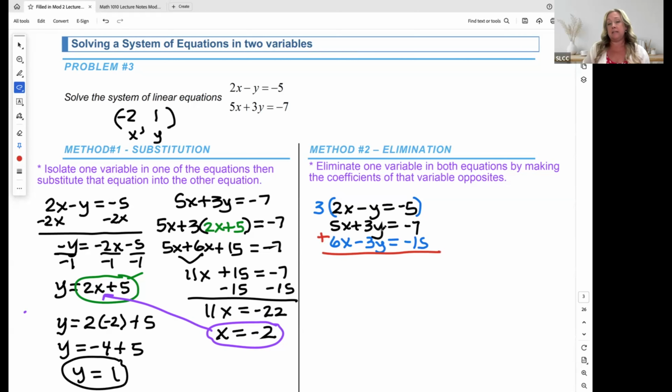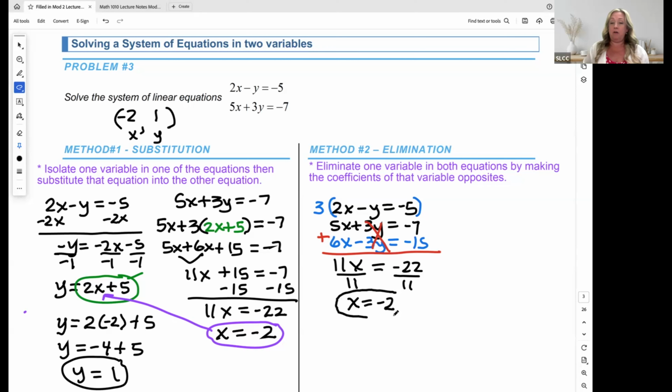Now that I multiplied that equation by 3, I can see those y's eliminate, and I'm left with 11x equals negative 22. If I divide both sides by 11, I can see that x equals negative 2.